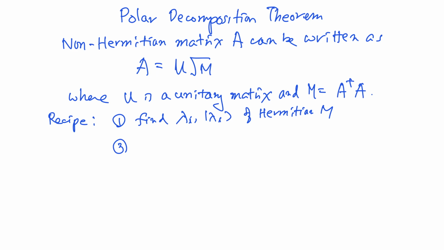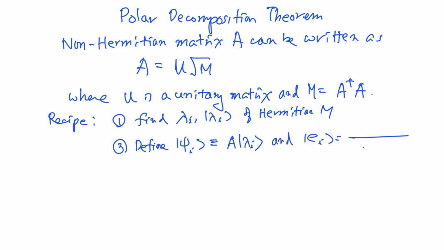Then define psi i as A times the eigenvector, and epsilon i, you just divide psi i by the square root of lambda i.